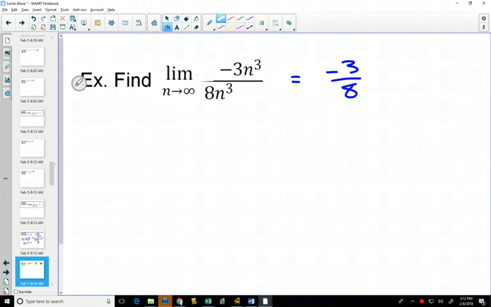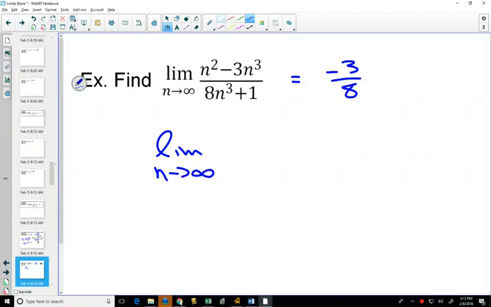Now, algebraically, to show that, I could say the limit as n goes to infinity, I could factor out that highest power. I'll take an n cubed out of the top, leaving me with 1 over n minus 3.